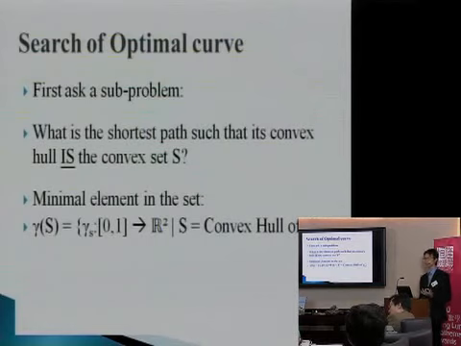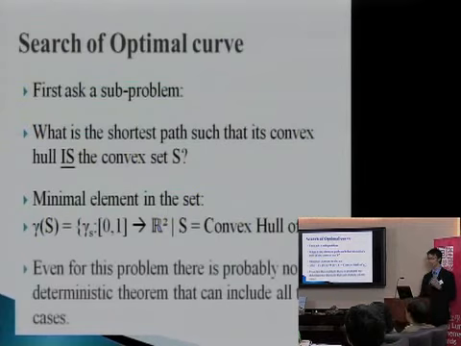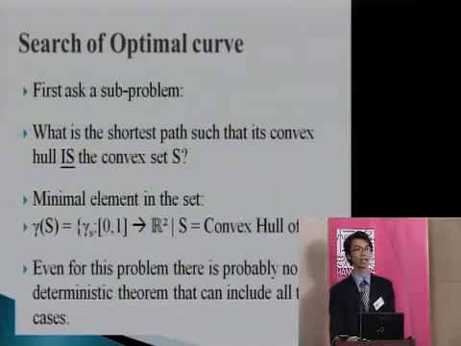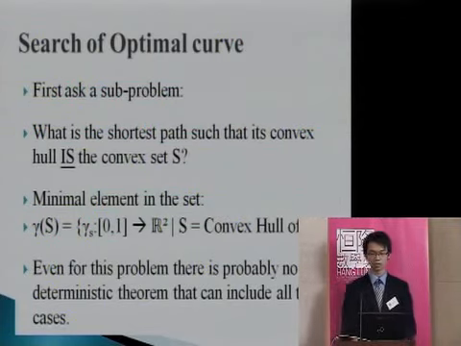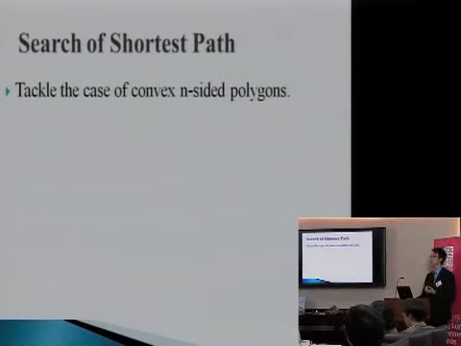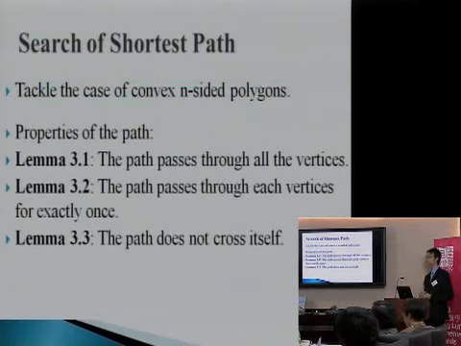What is the shortest path such that its convex set is exactly a given convex set S? And even for this problem, it's so complicated that we don't think that there is a deterministic theorem that can include all the cases. Even so, we can tackle the case when S is just an n-sided polygon. And it turns out that the path is restricted by 3 lemmas.